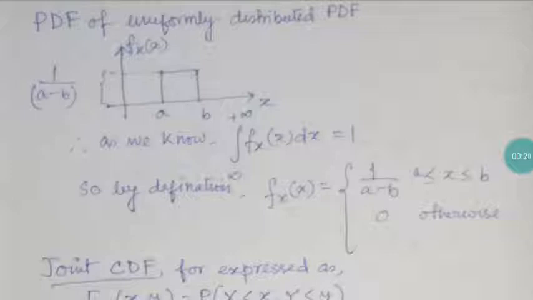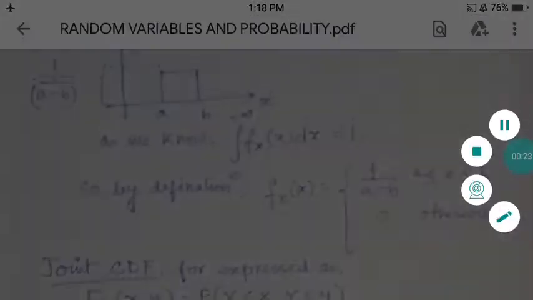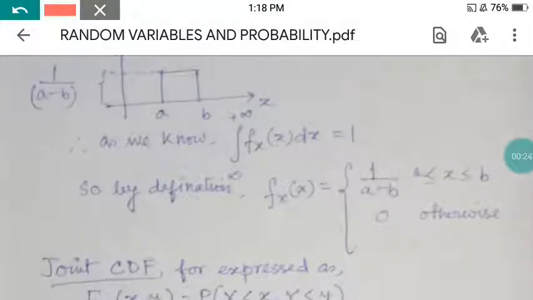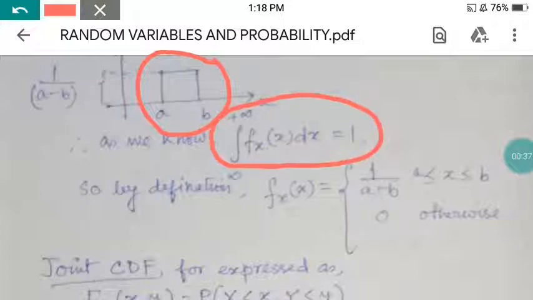Here in this diagram, you can see we are getting one particular PDF which has a square shape. If you integrate this from minus infinity to plus infinity, the result must be equal to 1. So how do we get that? What is the value of f(x)?